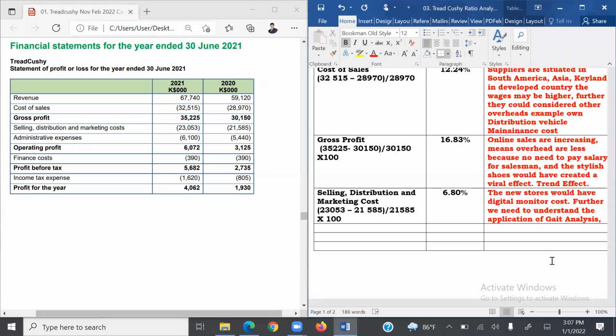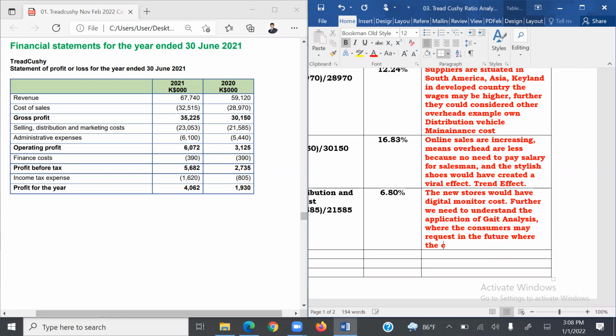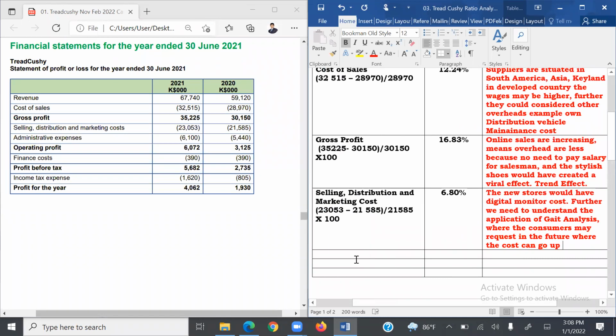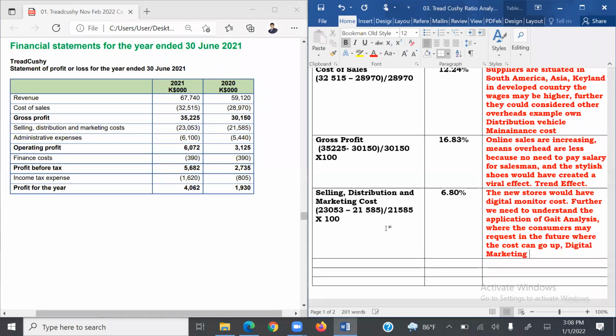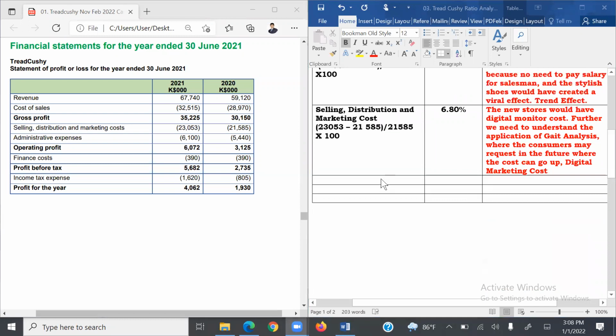So understand the application of the gate analysis, where consumers may request in the future, where the cost can go up. There is high chance of that as well, students. I'll write down here, there can be digital marketing cost as well. So I believe that is fine. That is how, students, you need to do the reasoning part. The reasoning should be an analysis of the business situation only.